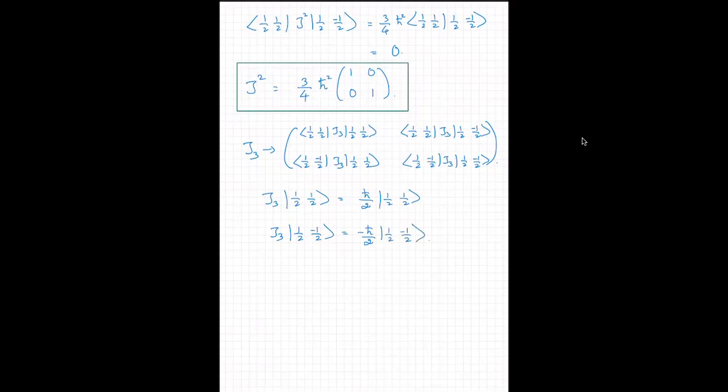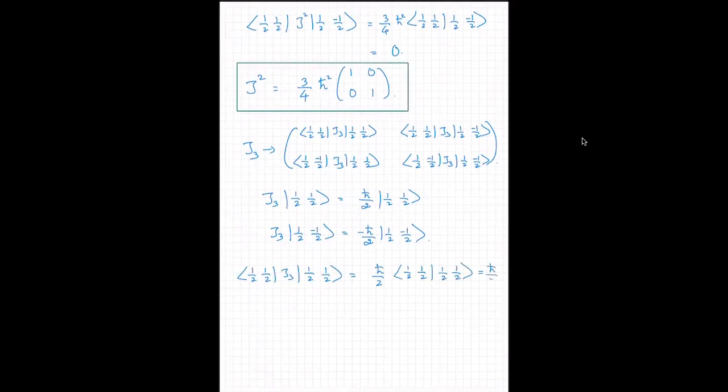Okay, so use this fact and evaluate these matrix elements explicitly. For example, ⟨1/2,1/2|J3|1/2,1/2⟩ would be J3 acting on |1/2,1/2⟩, which gives h bar over 2 times |1/2,1/2⟩. This can be evaluated as the overlap of |1/2,1/2⟩ with itself, which by our definition is just 1.